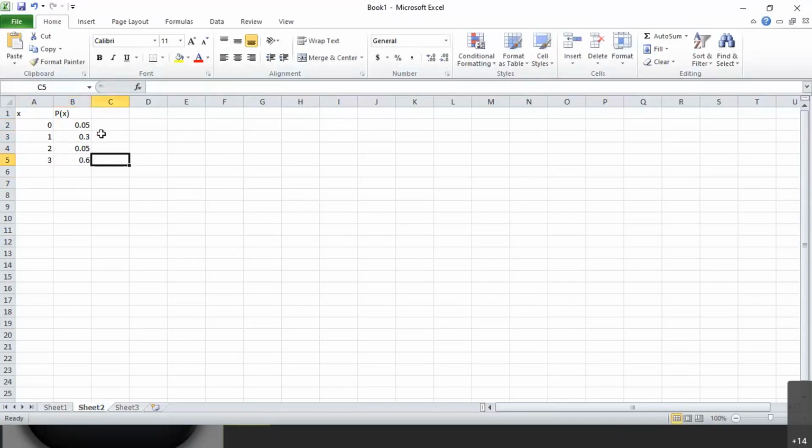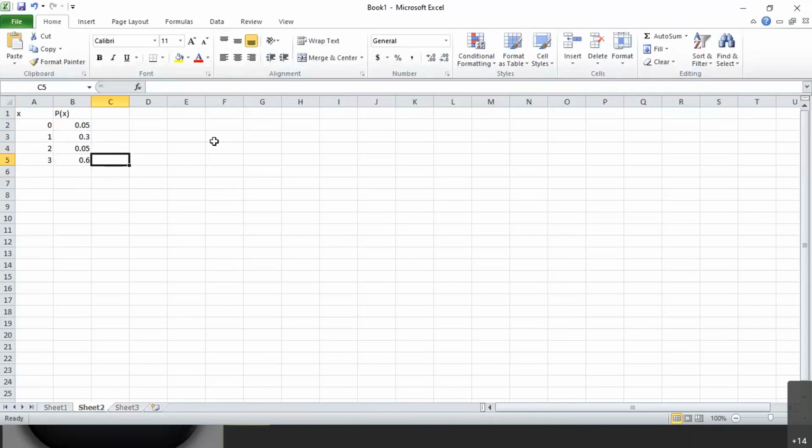Just checking, these add up to 0.1. These together are 0.9, and 0.9 and 0.1 is 1. Remember, my probabilities need to add up to 1 for this to be a valid probability distribution.